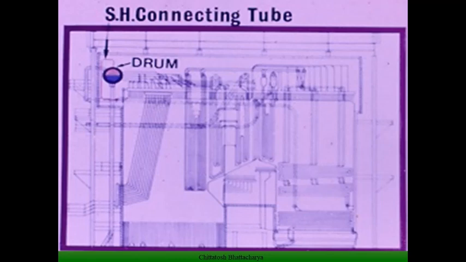superheated steam goes to the final stage of superheating. Both Platen and final stage of superheating have a parallel flow arrangement. That means steam flow direction and flue gas flow direction are the same.